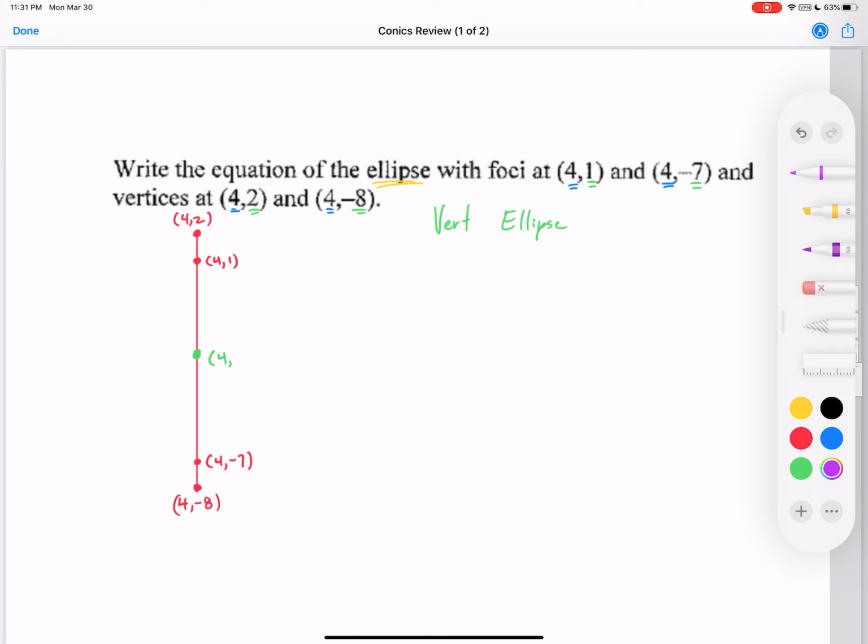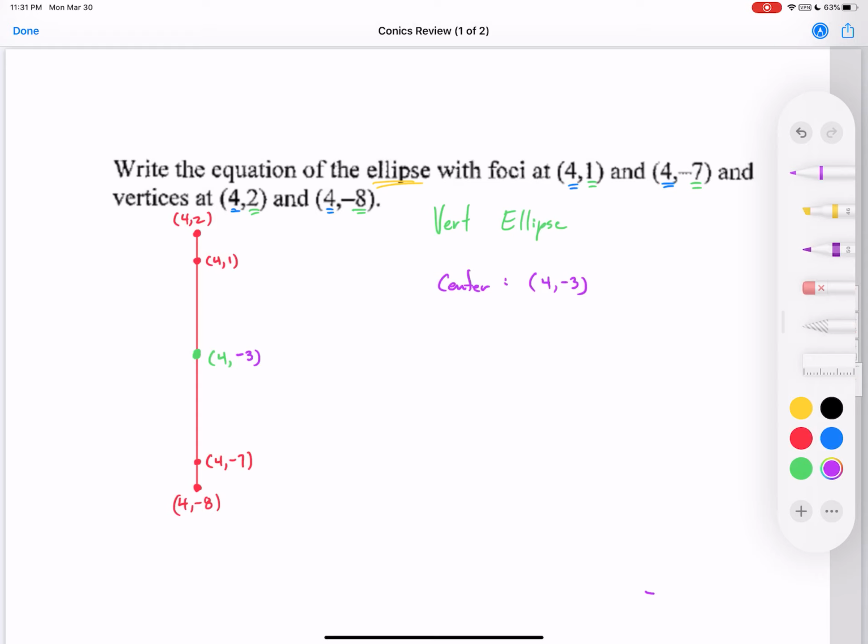The vertices are at (4, 2) and (4, -8). Well, 2 plus -8 is -6. Divide that by 2 and we get -3. So we're just averaging out the y values to get our center. Now we know that the center is located at (4, -3), that point in the middle.